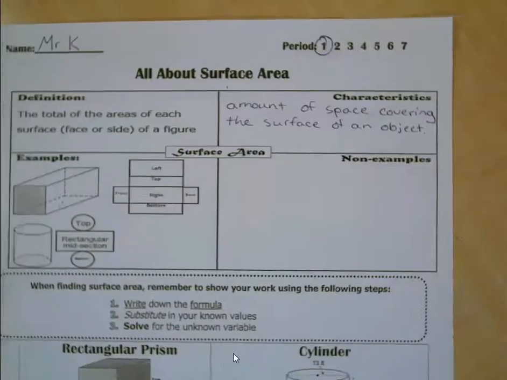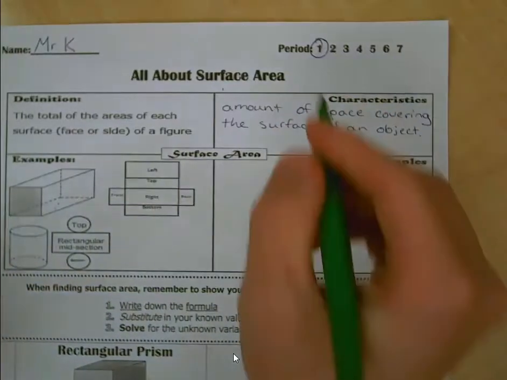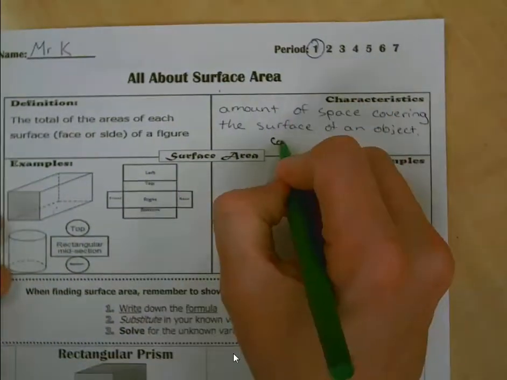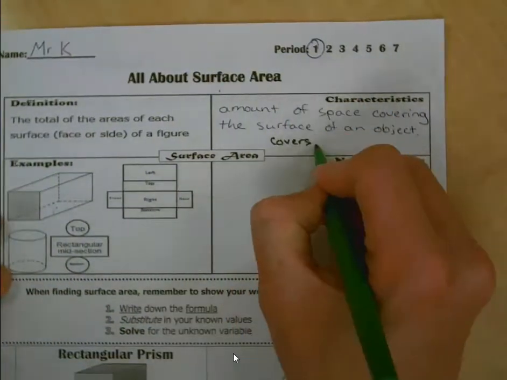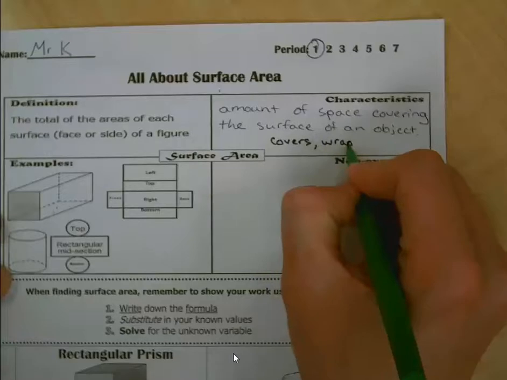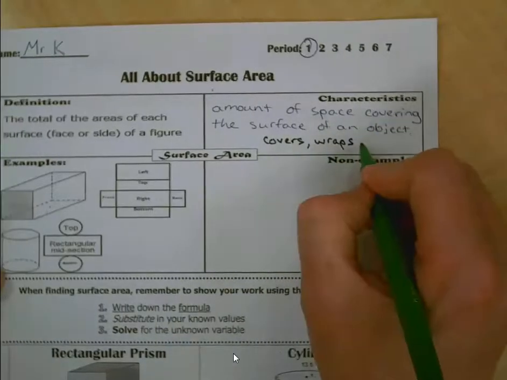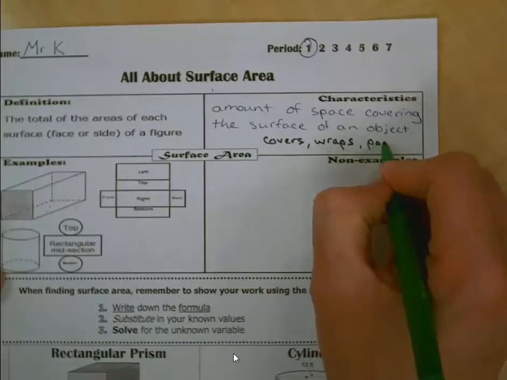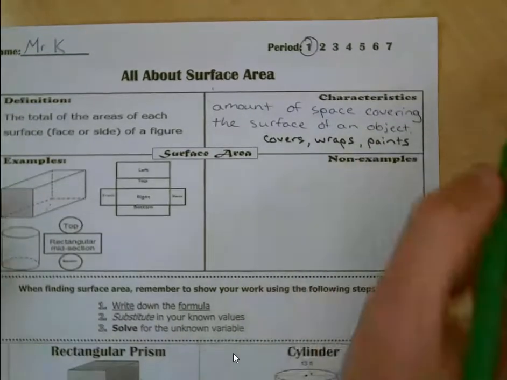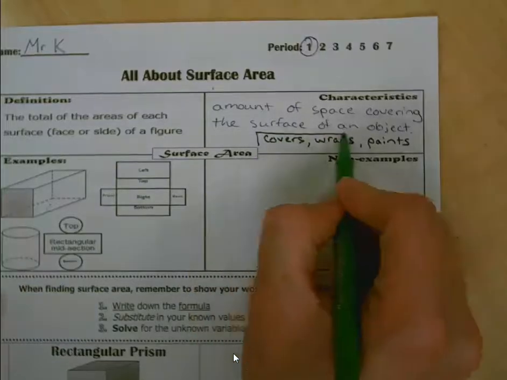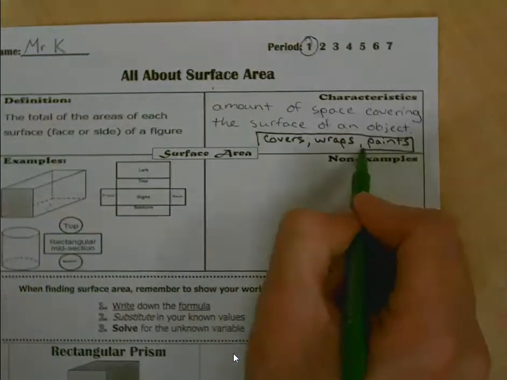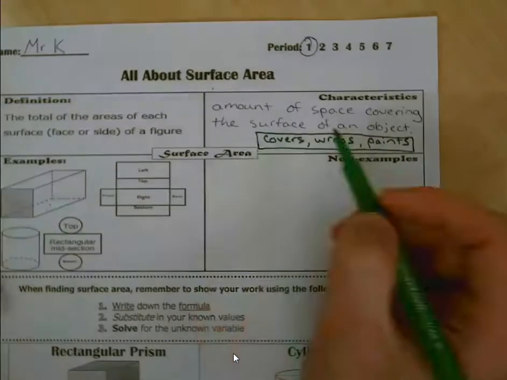So some key words for this are going to be covers, wraps, and paints. These are our key words because they all deal with the outside of shapes.